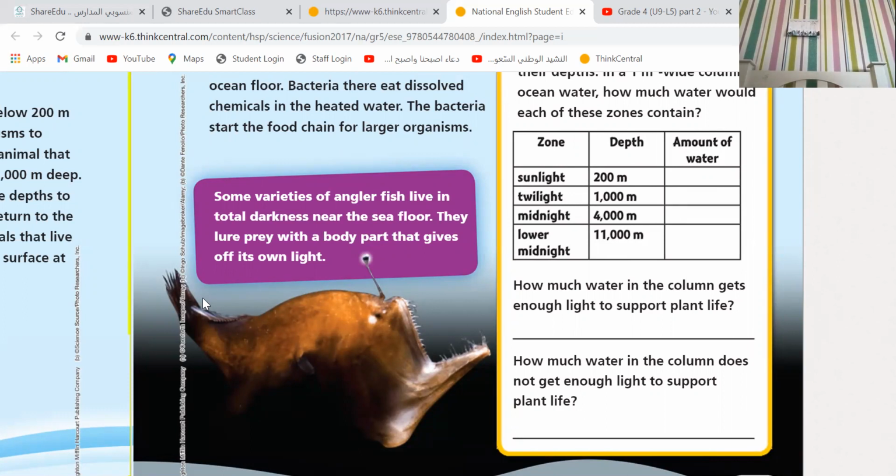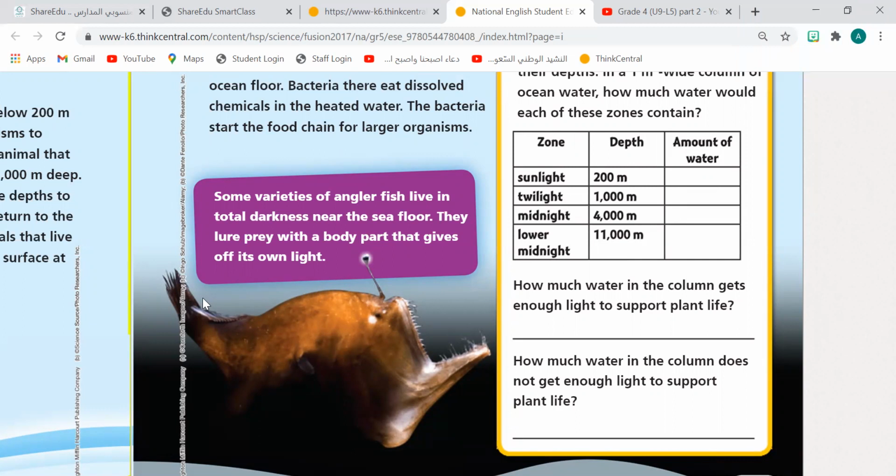See, this is the one you asked about. They need darkness to live near the sea floor. Wow, that's too deep. They lure prey with a body part that gives off its own light. So they sometimes follow other fishes that have their own light.